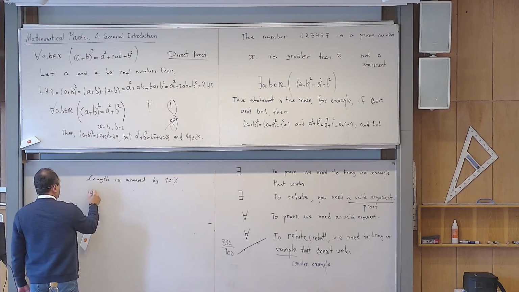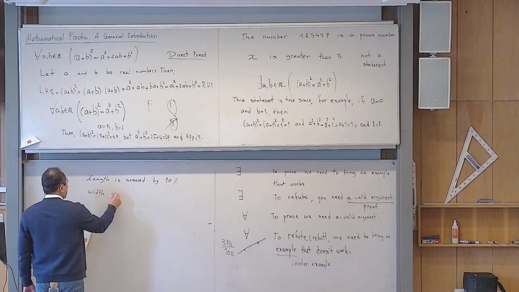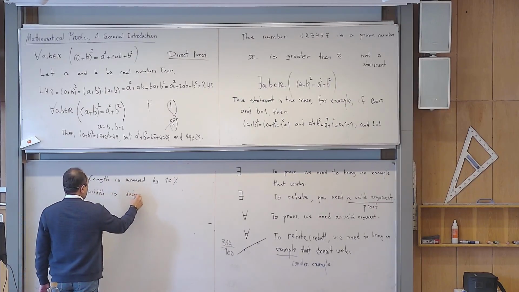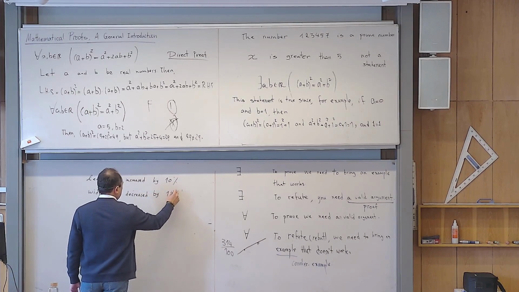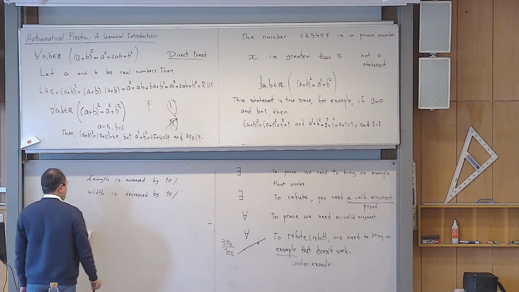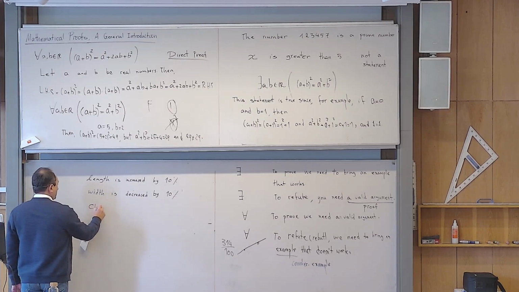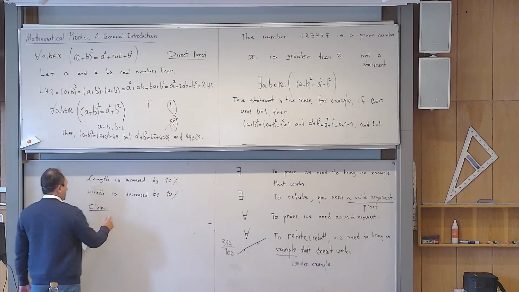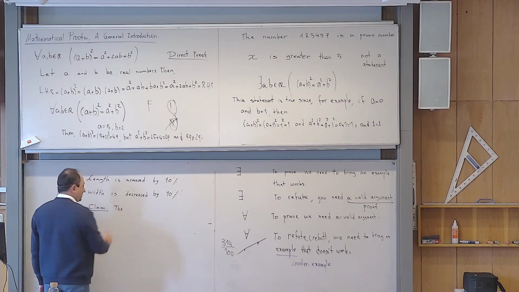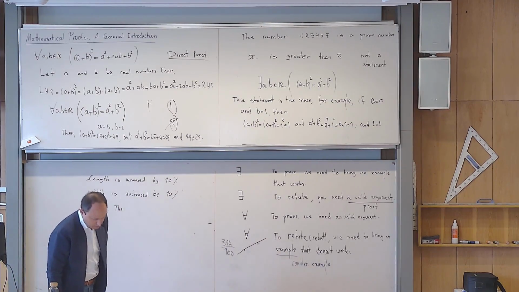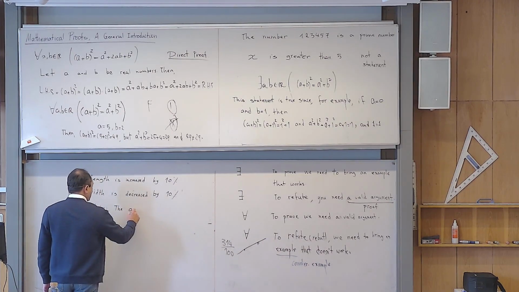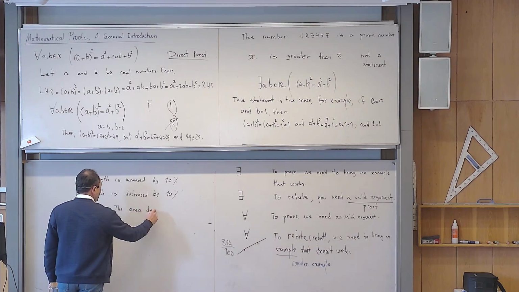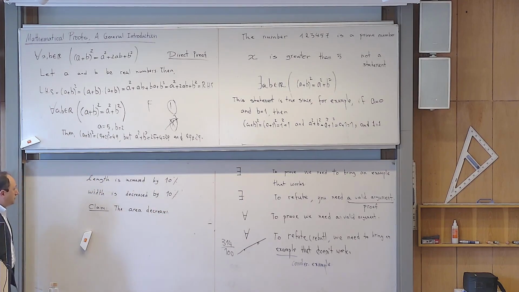The width is decreased by 10%. Claim, what is it claiming? The claim is that the area decreases. Is it true or false?